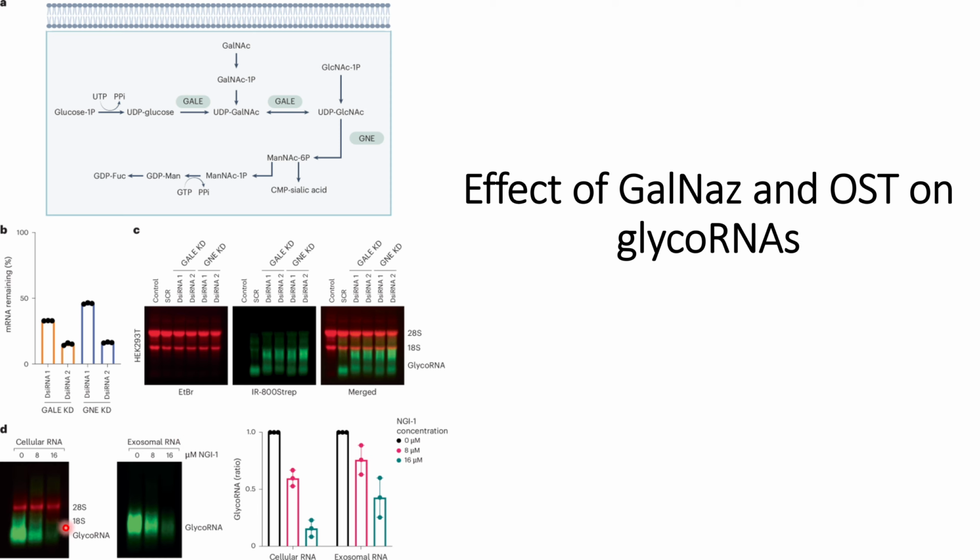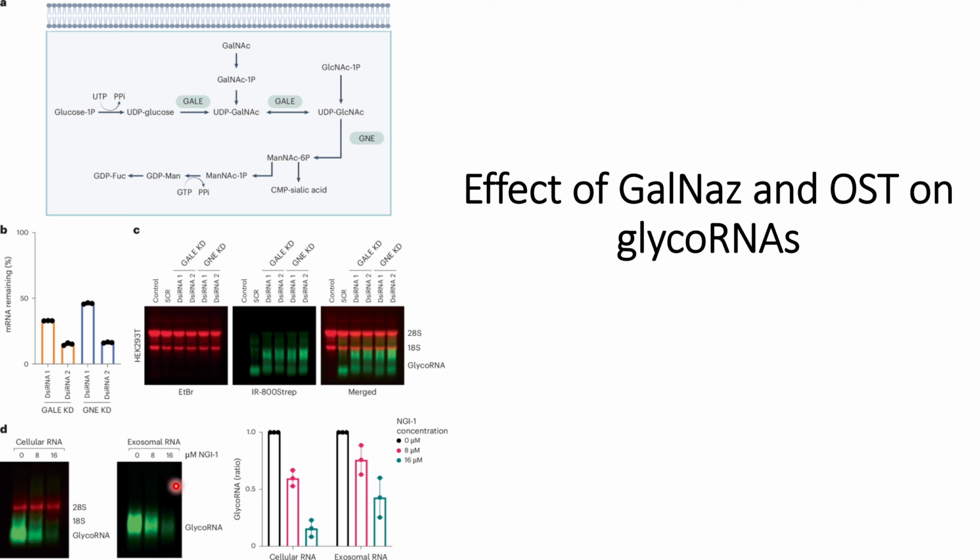It can be seen for cellular RNAs and also for the exosomal RNAs, indicating that glycoRNAs also follow the traditional initiation of glycosylation in the endoplasmic reticulum via OST.